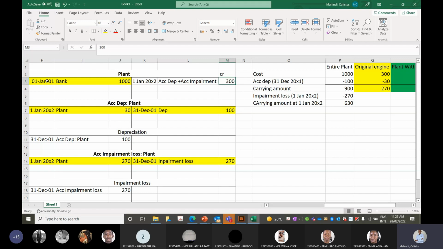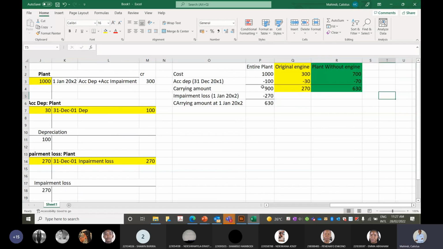So the cost price of the plant account will remain with 700 because it's 1,000 minus 300, and then the accumulated depreciation on the plant will remain as 70, which is 100 minus 30, which we've already shown. We did it in our original calculations up here. All right. The 70, that's 100 minus that 30, that's how we got to the 70.